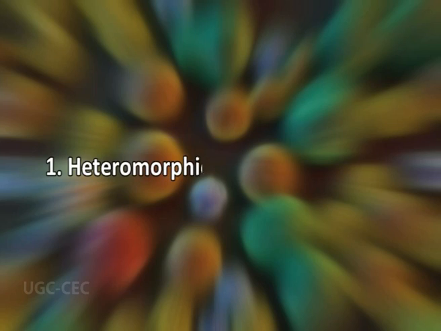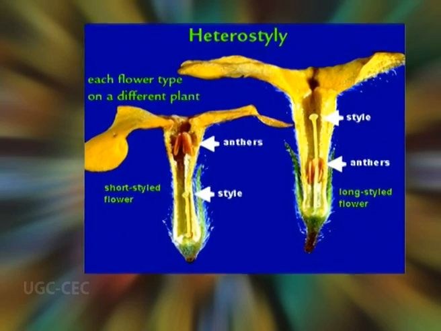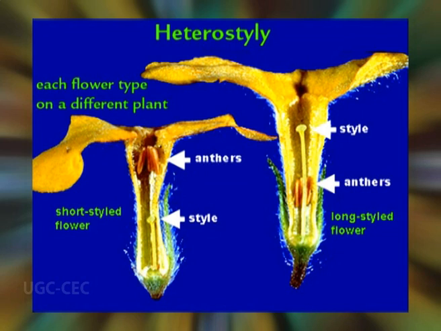Number 1, heteromorphic self-incompatibility. This type exists in heterostylous flowers. The features are: first, all the mating types within a species are morphologically distinct and are easily recognized without a breeding test. For example, occurrence of 2 styles, distyle, or 3 styles, tristyle, in a flower.